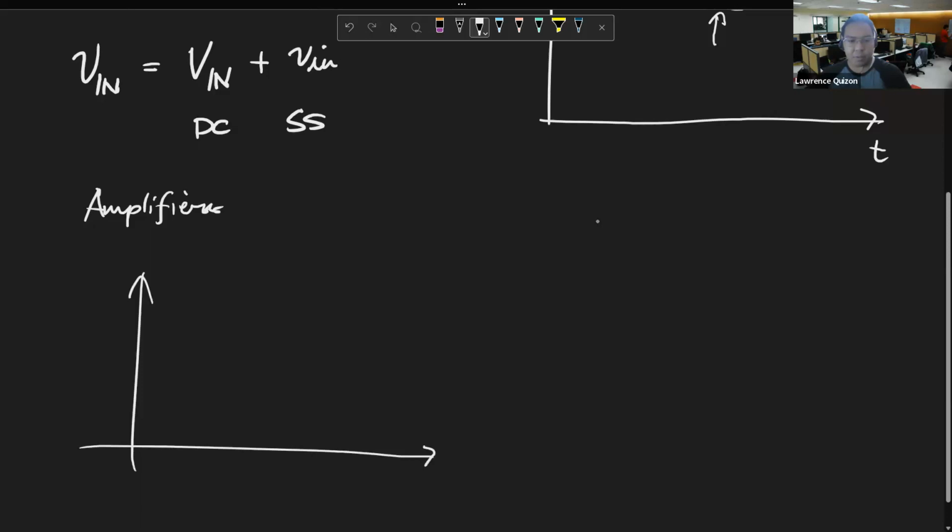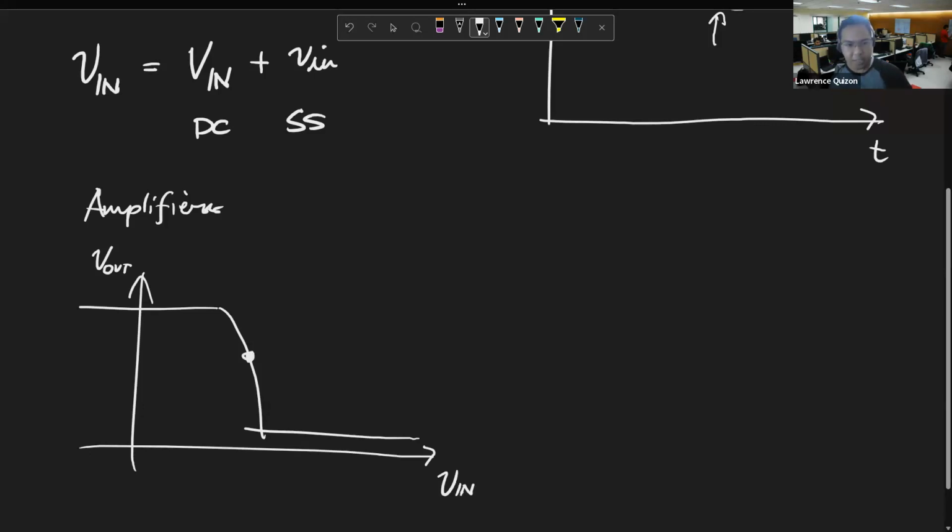So for example, for a common emitter amplifier, you remember ganito yung itsura nung voltage transfer curve niya, no? The output of the amplifier is this. The input of the amplifier is this, no?